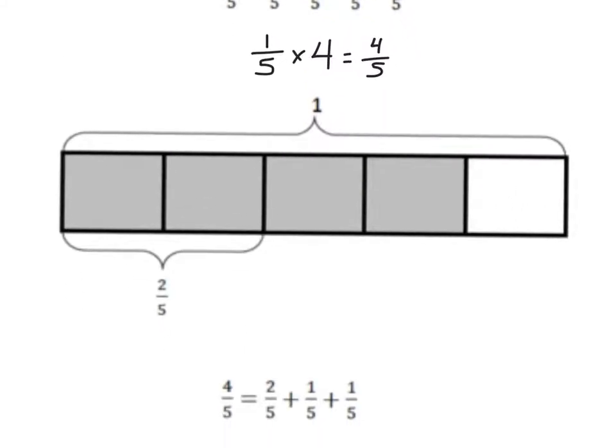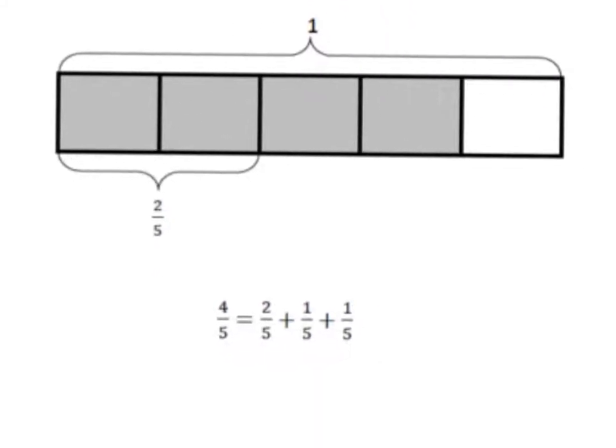Let's take a look at another one, similar to what you've done already. You also have seen where they can decompose 2/5 together. So here we've got 4/5. Another way to write 4/5, you can combine these and call it 2/5 plus 1/5 plus another 1/5 is a sum of 4/5.